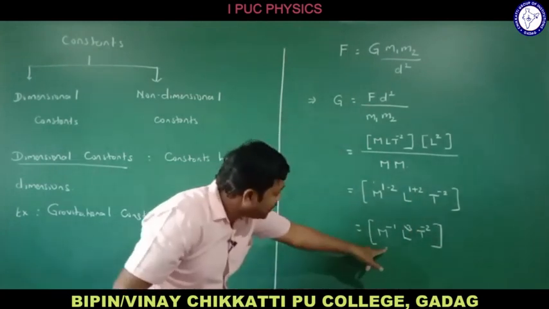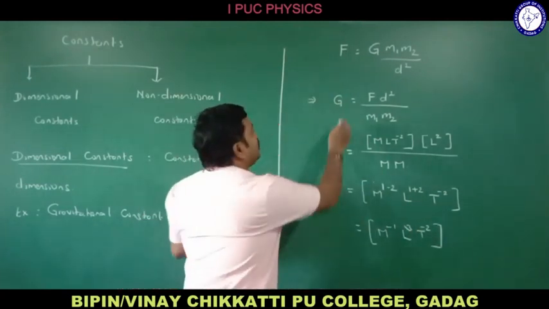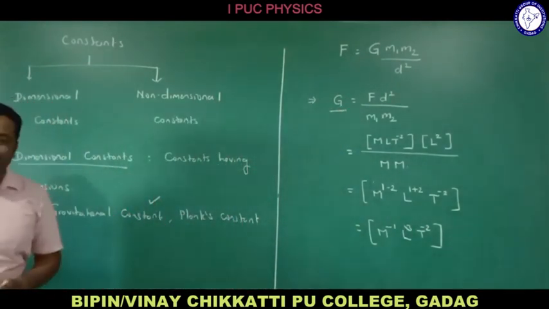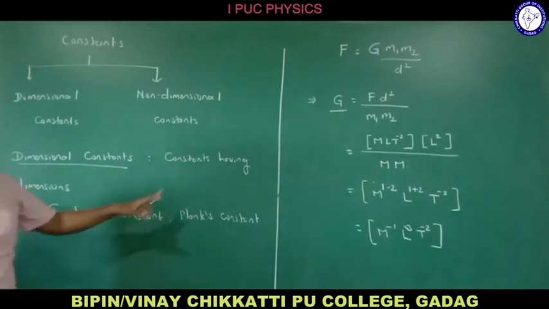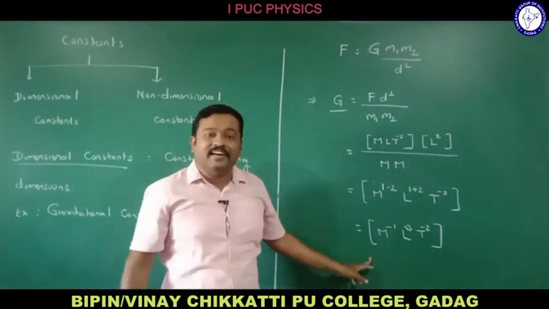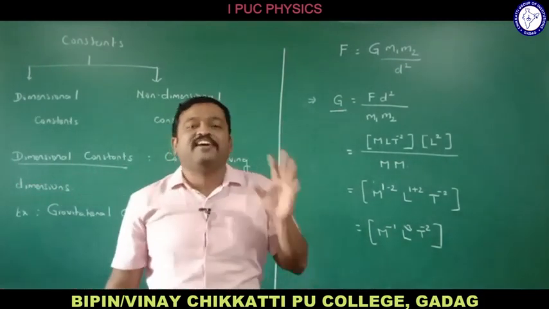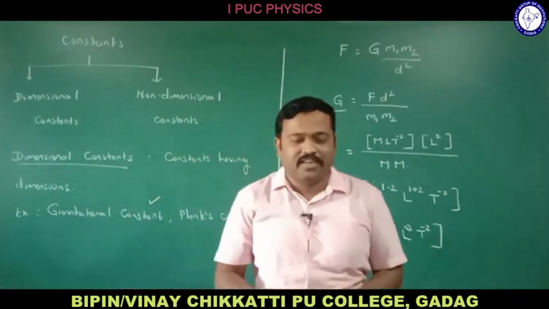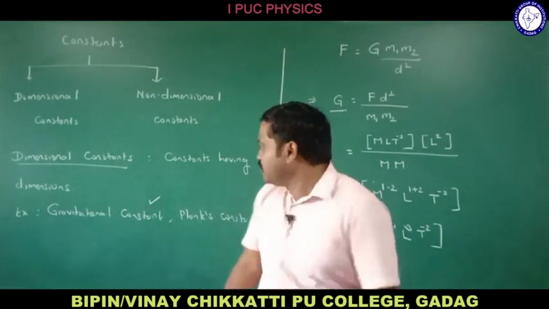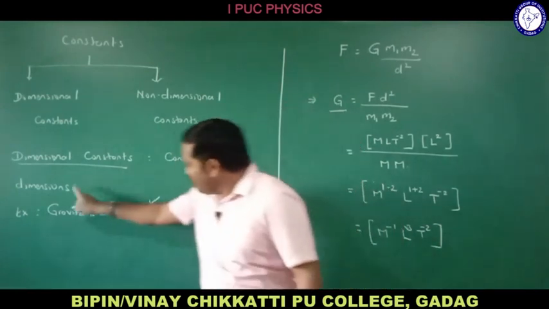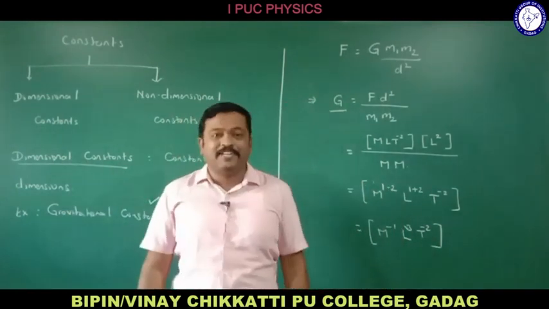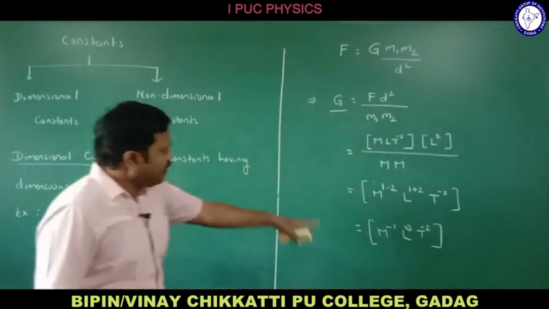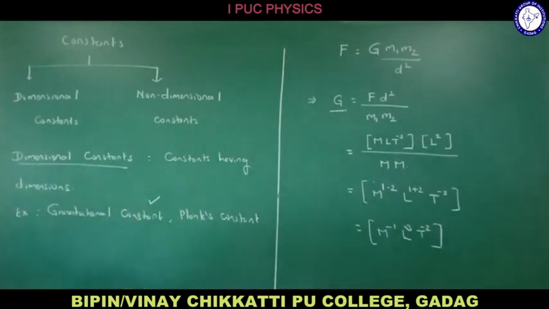So this is the dimensional formula for G. G is the gravitational constant, and this is the way we calculated the dimensional formula for the gravitational constant. Even though the gravitational constant is a constant, it has dimensions. That is why constants having dimensions are called dimensional constants, and the example is the gravitational constant, and we got its dimensions.